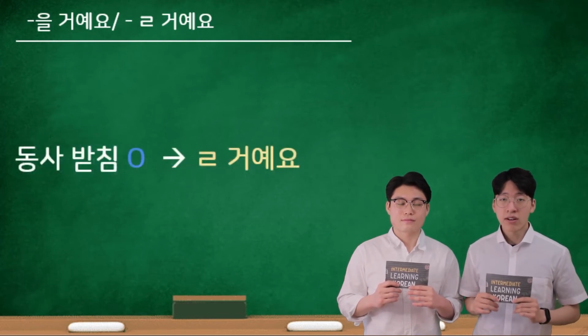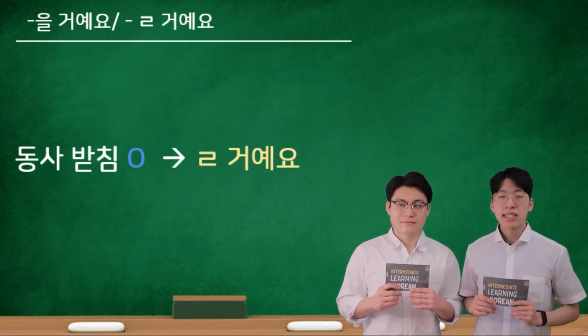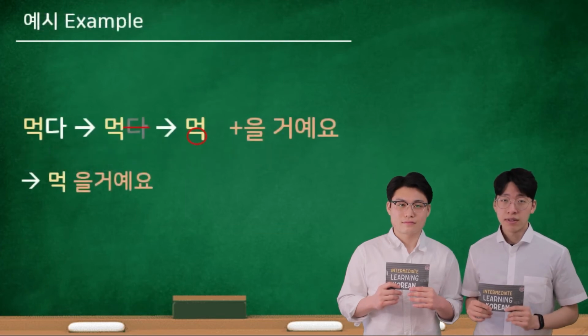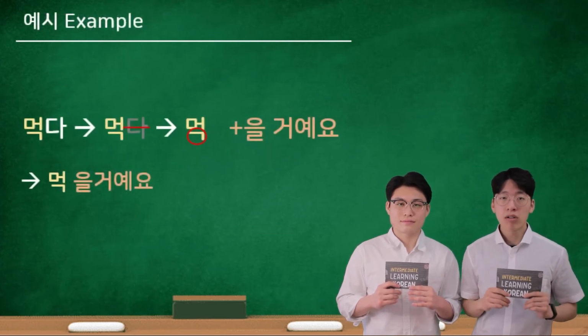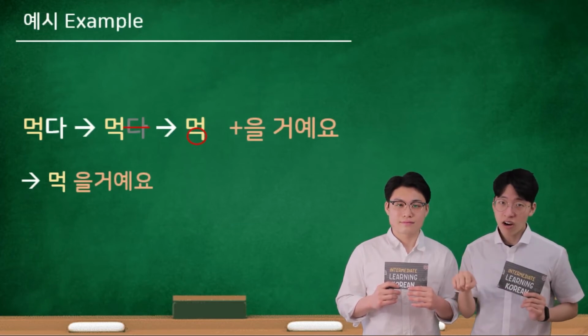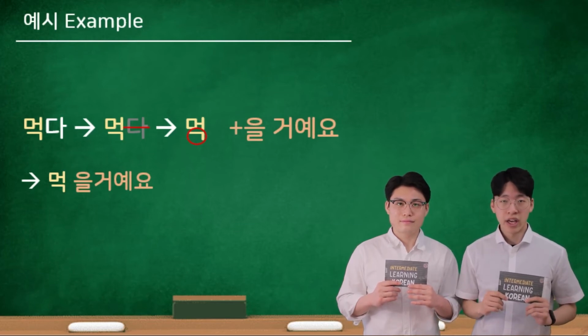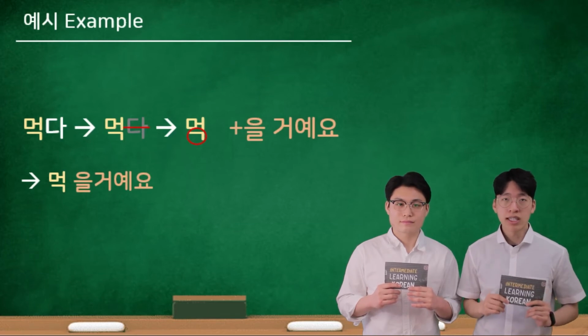If there is a final consonant in the stem of a verb, 을 거예요 is used. For example, if you remove 다 from the verb 먹다, is there a final consonant ㄱ? Then we use 을 거예요 after, so it becomes 먹을 거예요.